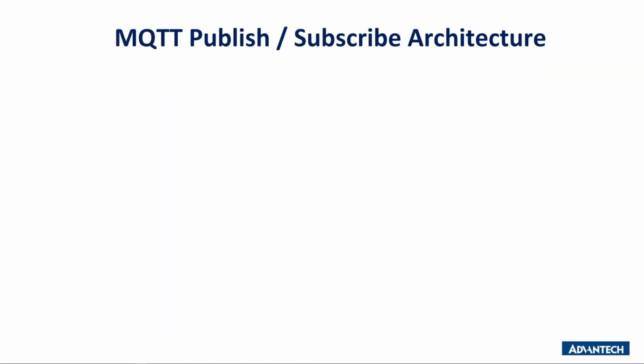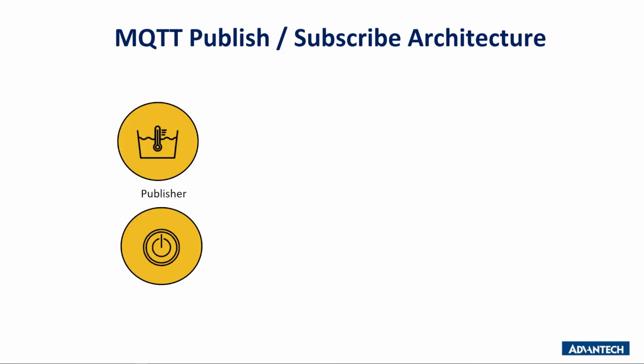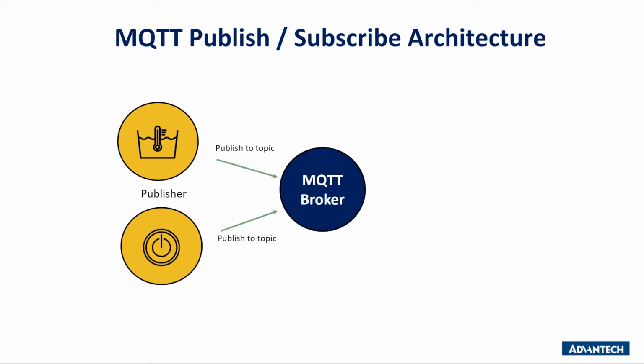From the MQTT publish and subscribe architecture, we can better know how the MQTT protocol works in IoT environments. Publishers such as remote temperature sensors or power meters publish real-time data to an MQTT broker.